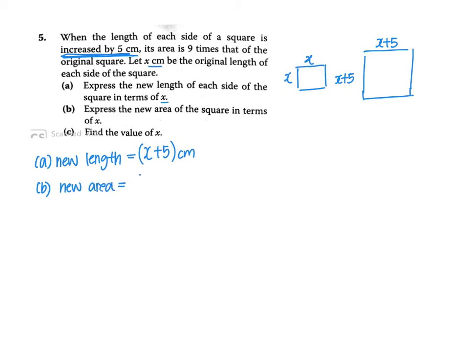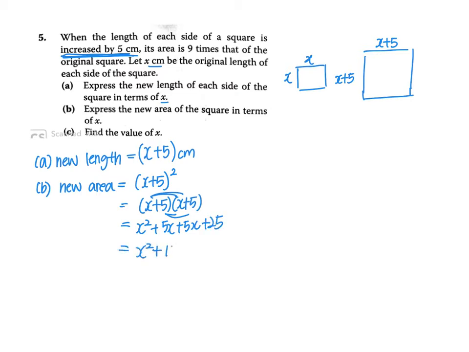How do we find the new area? That will be x plus 5 times x plus 5, which is x plus 5 whole thing squared. Remember that this is actually a repeated factor. So expand it properly, we will be able to get the following. It simplifies to x squared plus 10x plus 25.